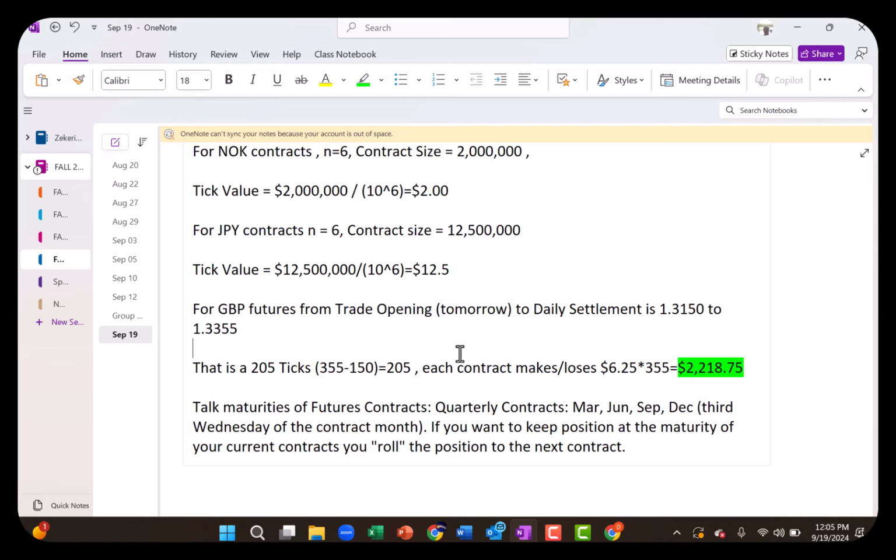But at least you have a relatively cheap way of doing it. You don't have to take counterparty risk, very high volume, so price discovery is not costly. If you're doing only forwards, forwards are done only over the counter.